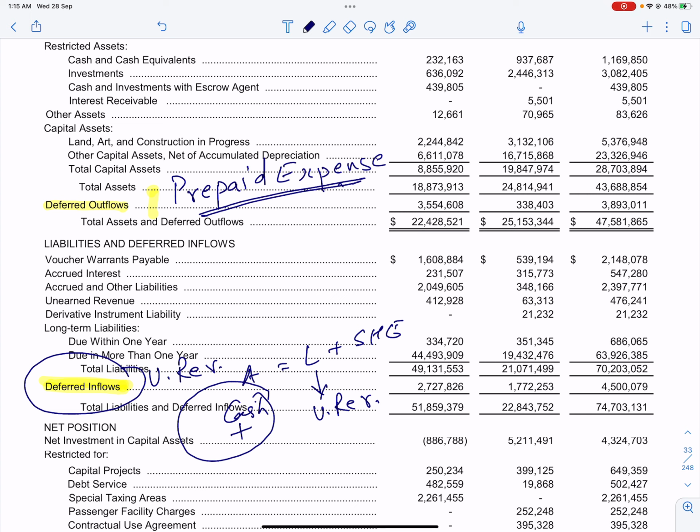So deferred inflow of resources is the acquisition of net assets applicable to a future reporting period. And the classic example is taxes received in advance.